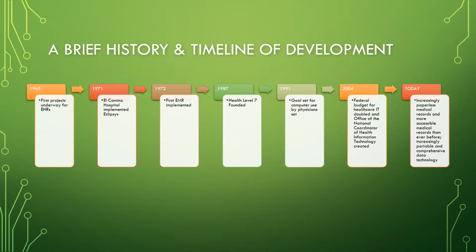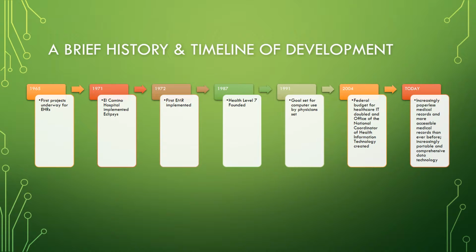In 1991, the Institute of Medicine set a goal that all physicians would be using computers in their practice by 2000. With the internet age, large-scale changes in electronic health records became more visible because even during the early stages, the internet was a vital tool for recording and transferring medical records and prescription histories.